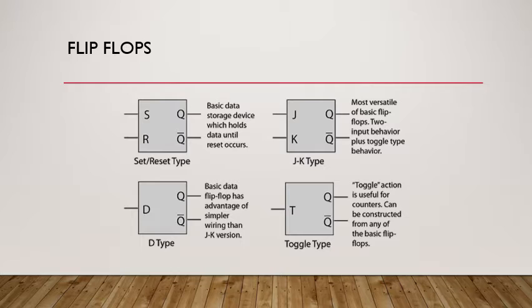Q and Q bar are always the complements of one another. Similarly, the JK type of flip-flop has two inputs J and K, and the outputs are Q and Q bar respectively. The D-type and toggle type flip-flops have single inputs. So the D input is there in the D-type and the T input is there in the toggle type flip-flop.